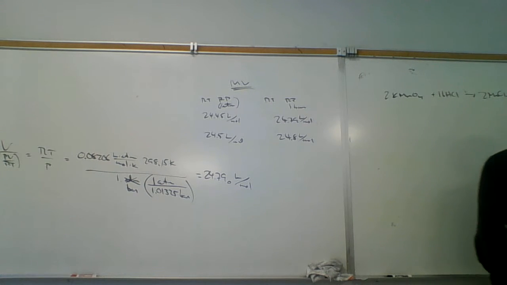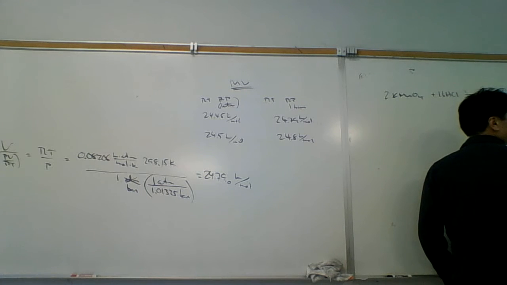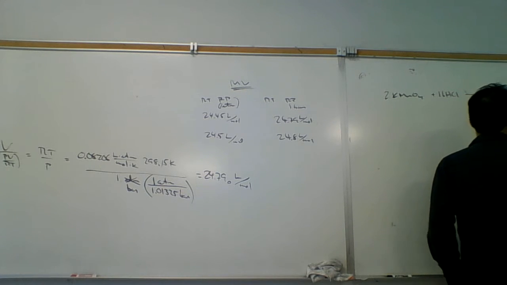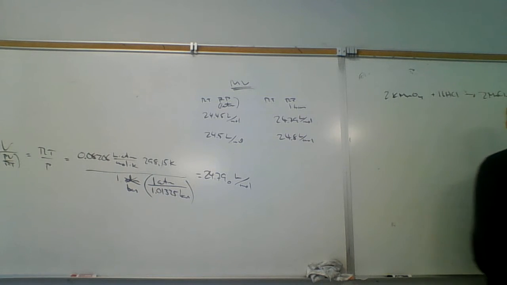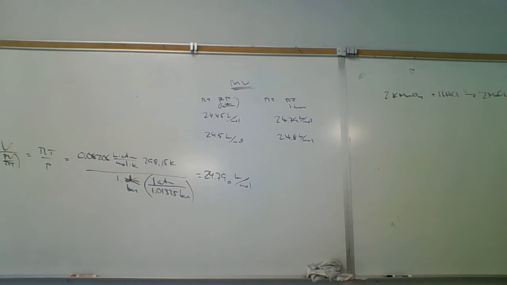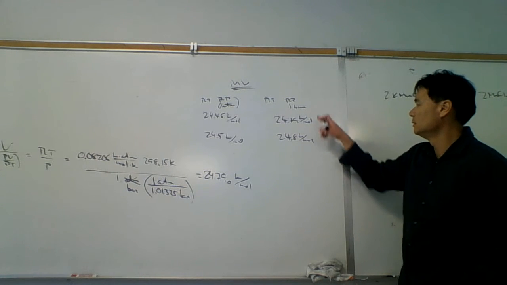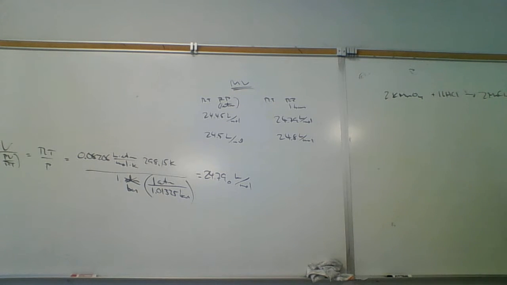So this is what we're going to do. We're going to go from 9.81 liters of chlorine gas straight to moles. We can go straight from liters to moles because we know the molar volume. Now, the molar volume in terms of bar is going to be here. And so for every mole of gas, we have 24.8 liters.